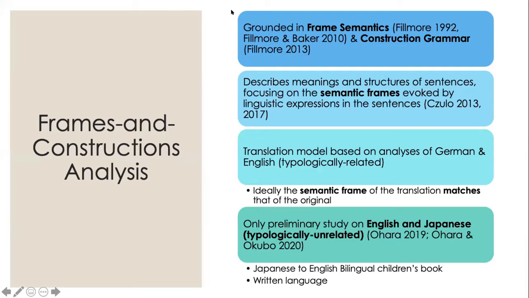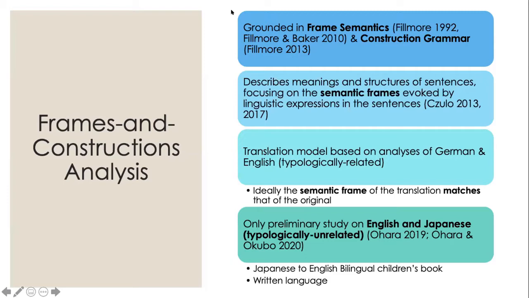Czulo 2013-17 proposed this method as a translation model based on analysis of German and English, namely typologically related languages. And he hypothesizes that ideally the semantic frame of the translation matches that of the original.